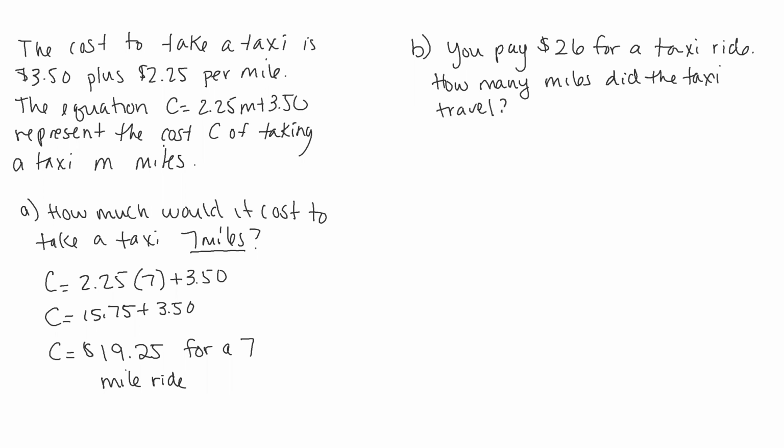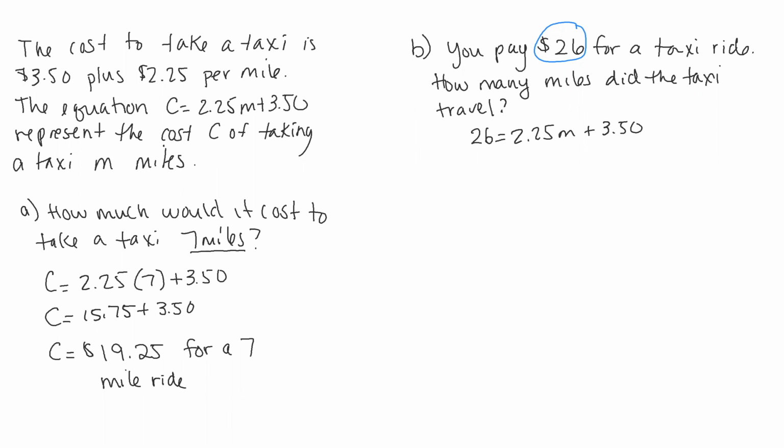So this example is a little bit different than the previous example. In the previous example, we were given a number of miles. In this example, we're given the total cost. So 26 right here represents C, okay? So I would get 26 equals 2.25 M plus 3.50. I want to solve and figure out what M is.